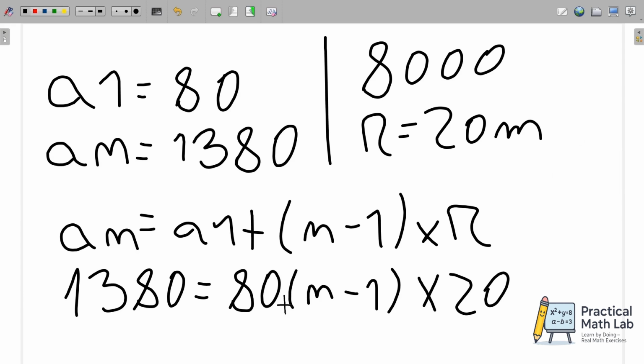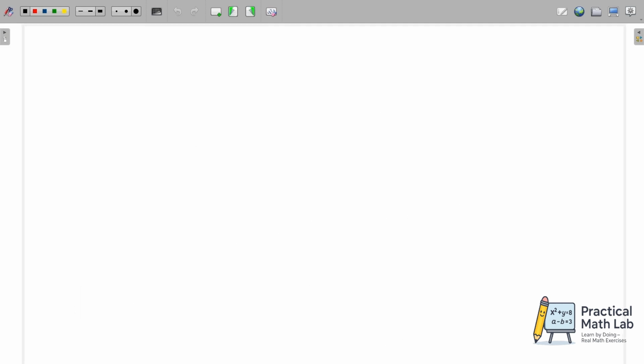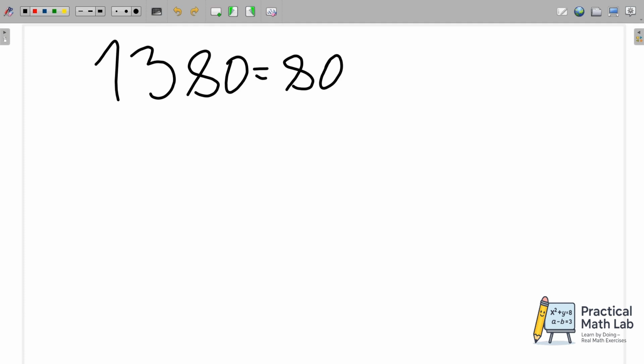So let's start by doing the multiplication. It will be 20 times n, which is 20n, and 20 times minus 1, which is minus 20. So it becomes 1,380 equals 80 plus 20n minus 20.